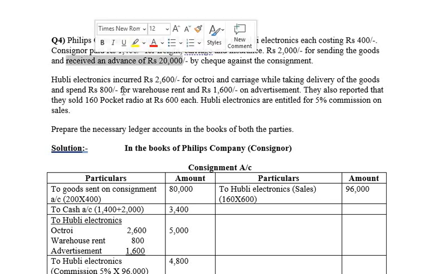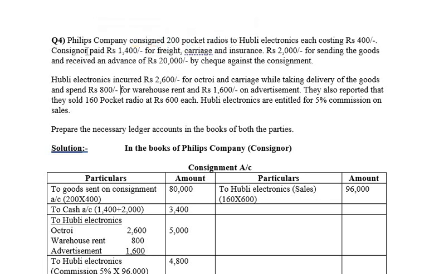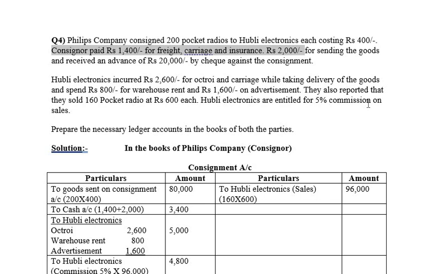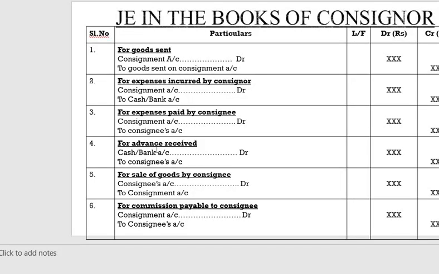So these are the expenses incurred by the consignor, that is 1,400 and 2,000 rupees for carrying the goods and for sending the goods. So what is the entry for expenses? Look here, expenses incurred by the consignor. If there are expenses incurred by the consignor, then consignment account debit to cash.